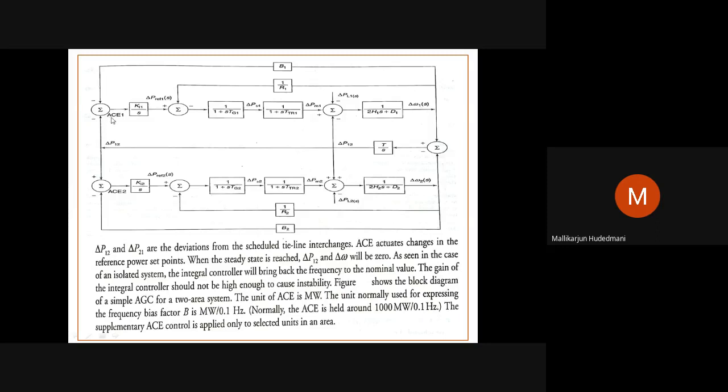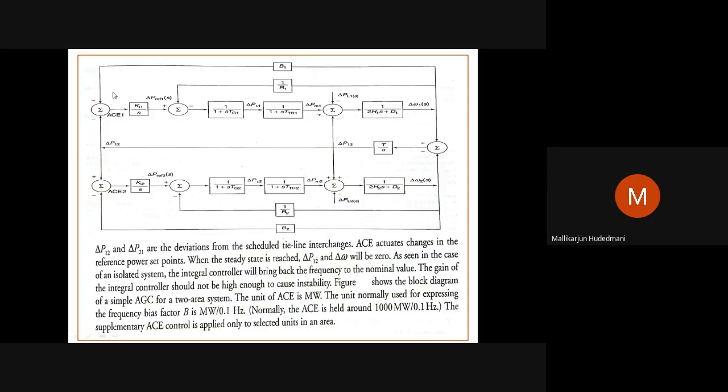Whenever this ACE is not 0, the integral controller will amplify this error by a gain factor, and the integral of this accumulated error is taken as a set point change to the respective area. So the reference point is shifted, so that the new point will be active on the governor and mechanism for the primary loop.